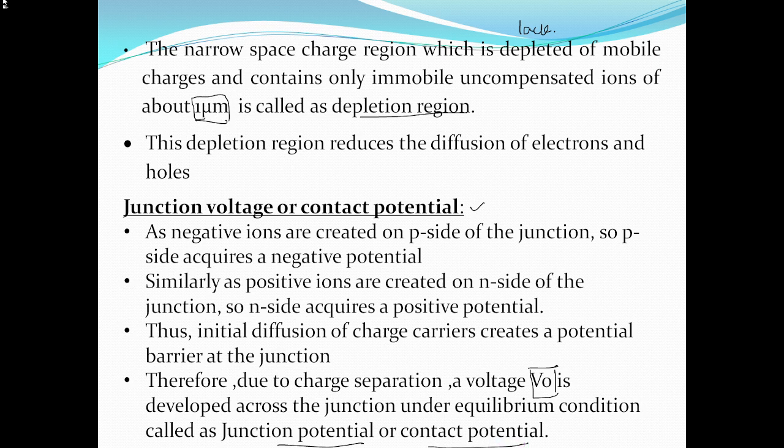Without giving an external source also, the PN junction has a certain voltage. That voltage is due to diffusion of electrons and holes from the p region to the n region and from the n region to the p region.